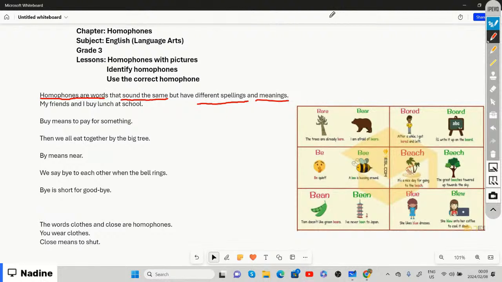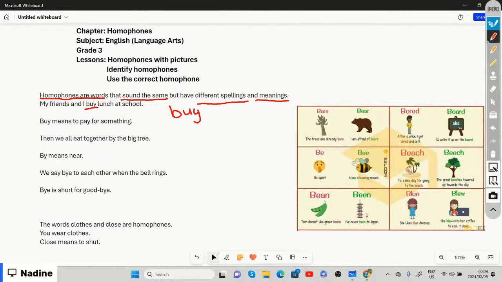If we look at an example of homophones, we can say, my friend and I buy lunch at school. So the word buy, B-U-Y, means when you are paying for something.